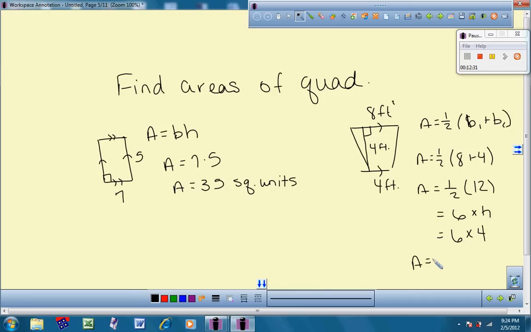So area is going to be equal to 24 square feet. Alright, so let me just go ahead and write that over here for you. Area is equal to 1/2 of our bases added together, and then we're going to multiply it by the height.